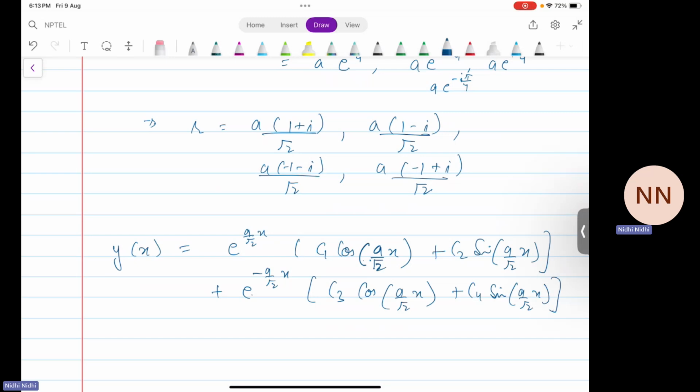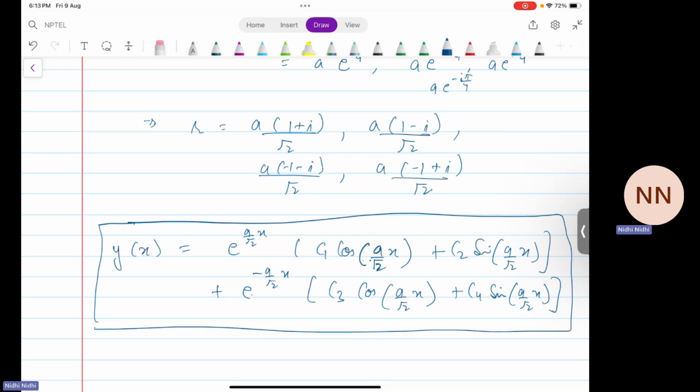So this gives us the general solution to our fourth order homogeneous differential equation. I hope all the steps were clear.